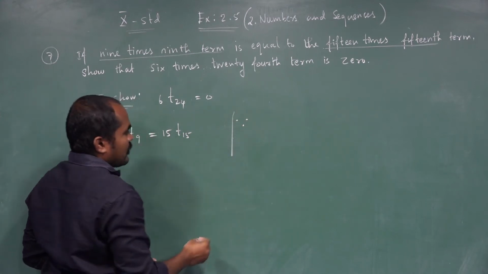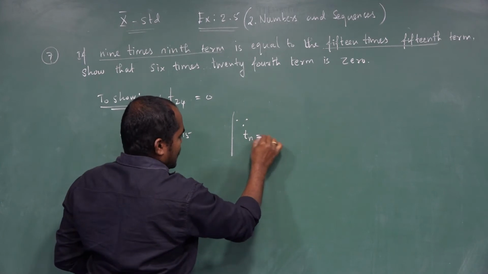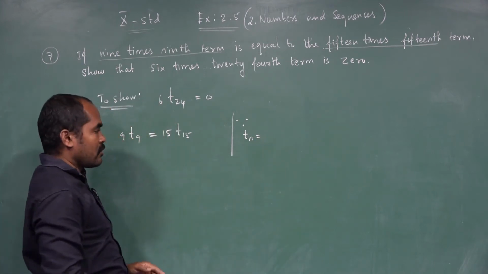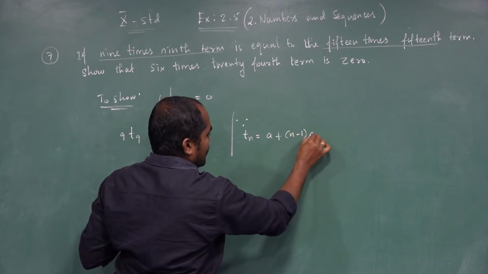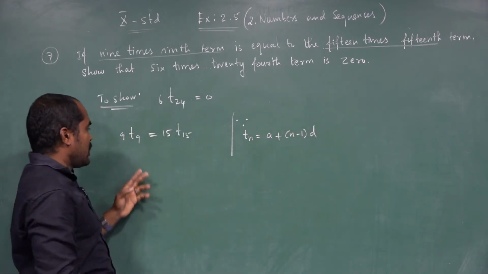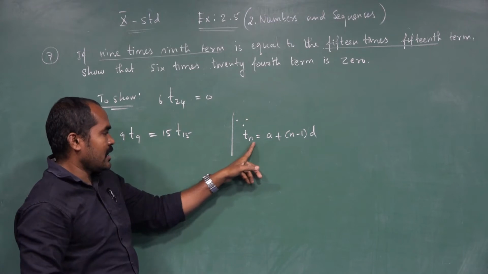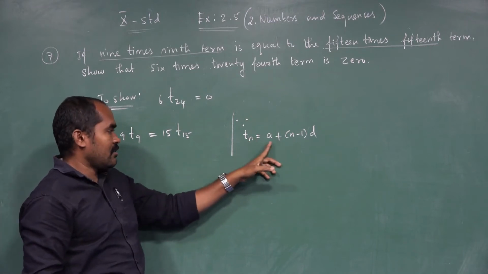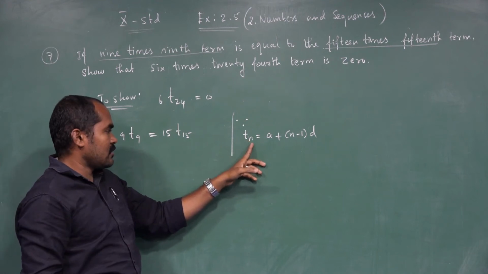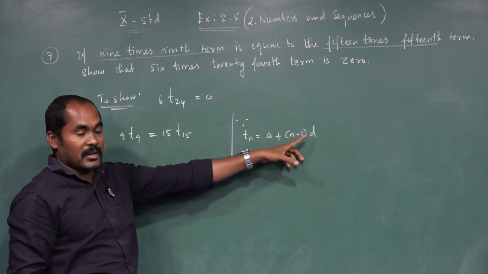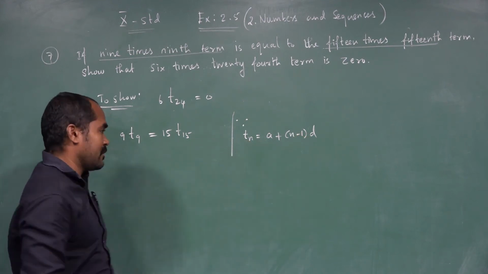Already we know the Tn formula, the general term of an arithmetic progression: a plus n minus 1 into d. We need T9, so substitute 9 here. So T9 equals a plus 8d. We need the 15th term, T15 equals a plus 14d, because 15 minus 1 is 14.